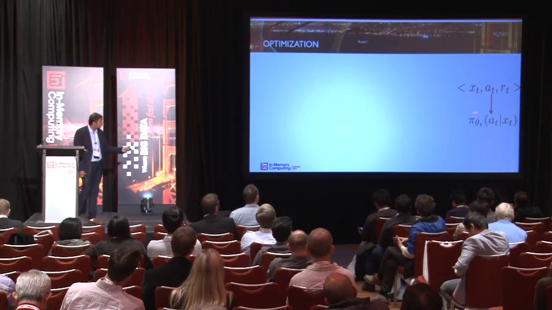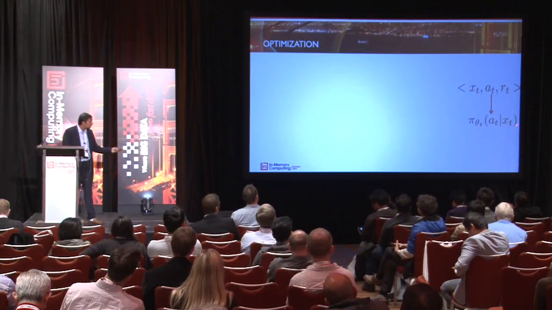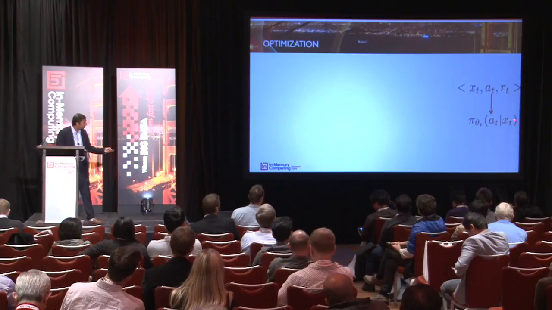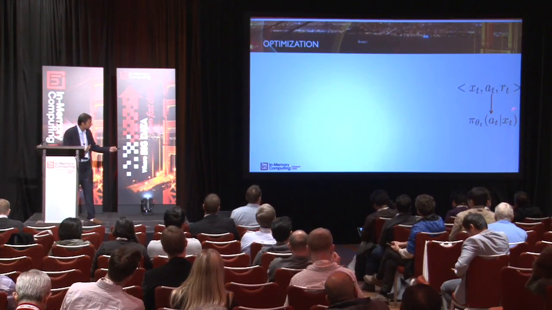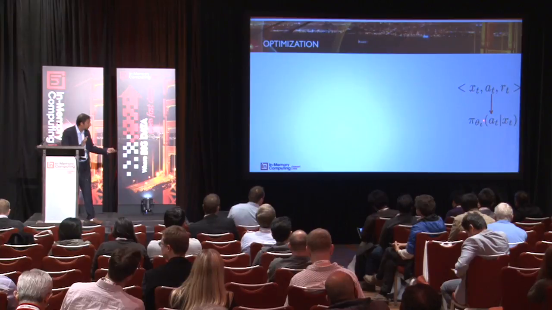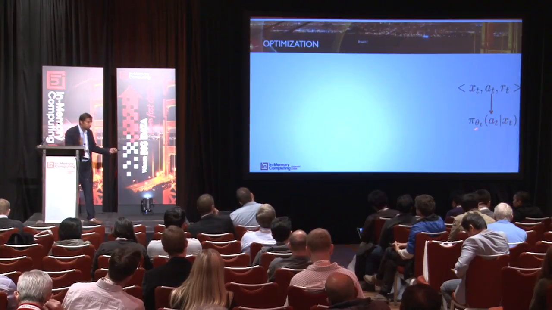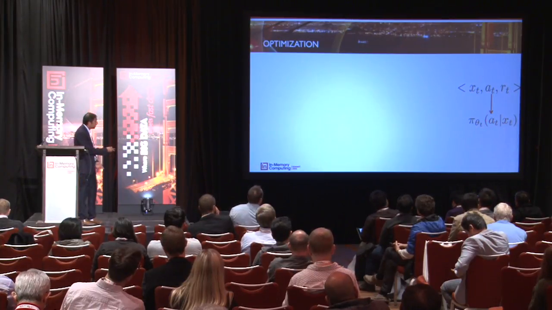And what we are trying to figure out is a policy, or a mapping from this context to action. It might look scary, but it's just saying that for every context, you are trying to find a mapping to an action or set of actions. And here theta is the parameter of a model.